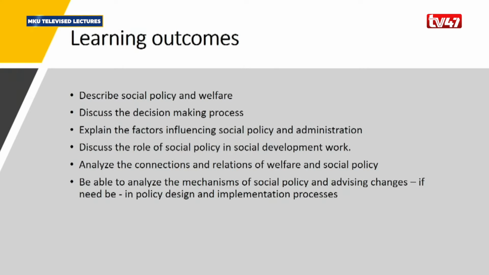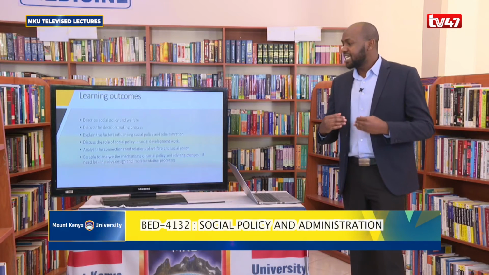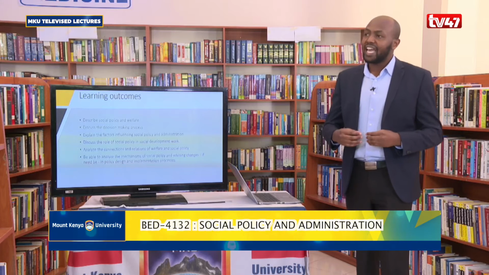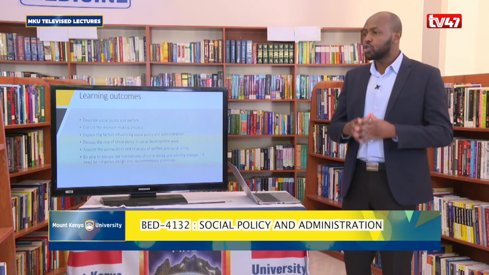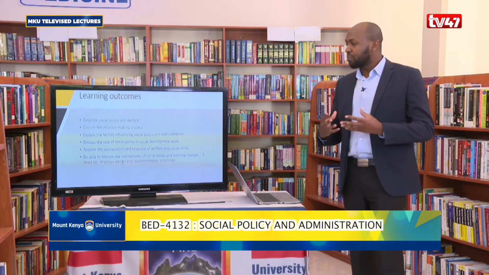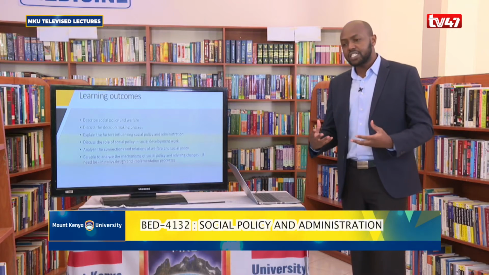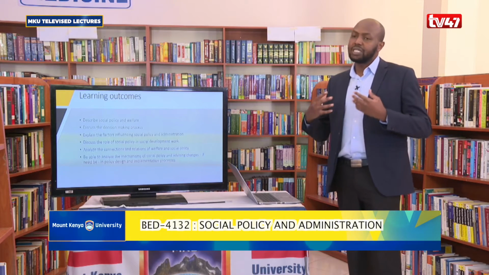By the end of this unit, you should also be able to explain factors that influence social policy and administration. A social policy is a reflection of the context within which it has been developed.